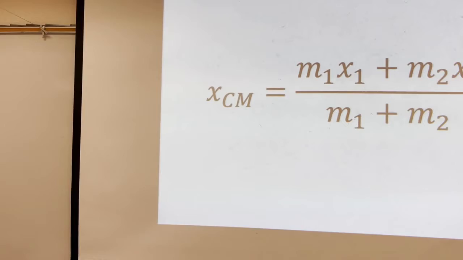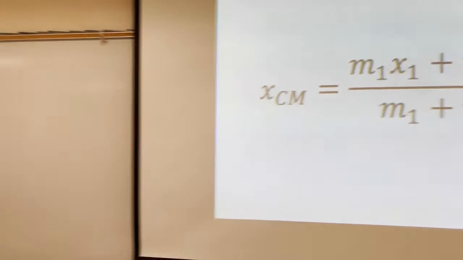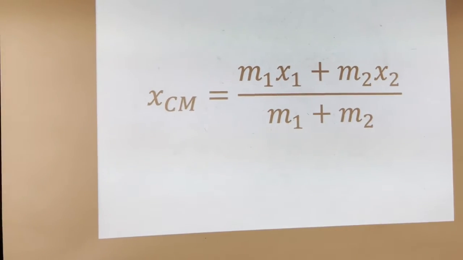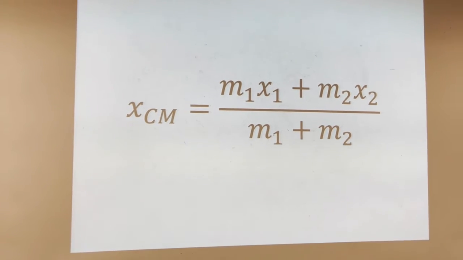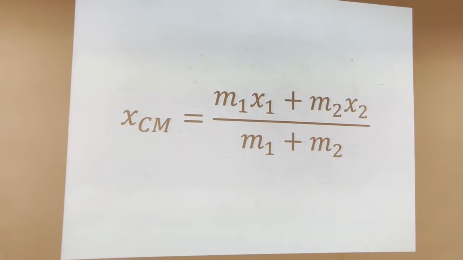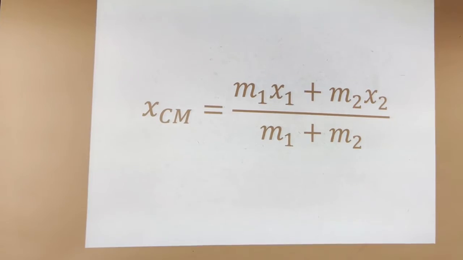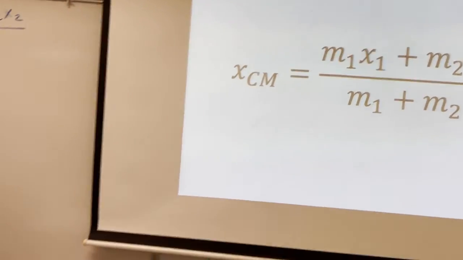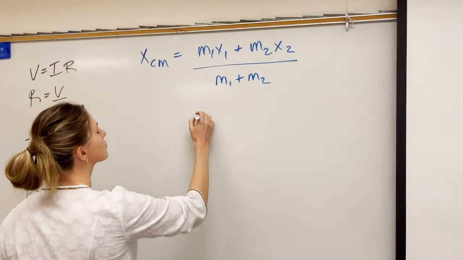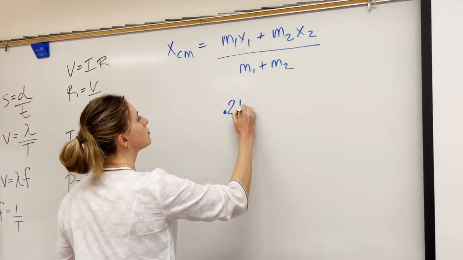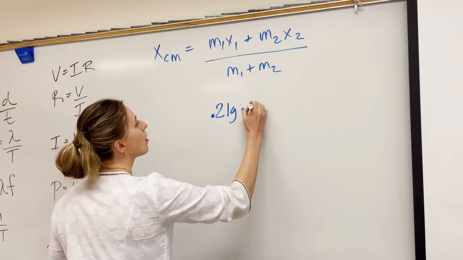You might remember this equation. So the center of mass is equal to mass 1 times x1, plus mass 2 times x2, over m1 plus m2. Mass 1 was 0.2, and it was at 15 centimeters.